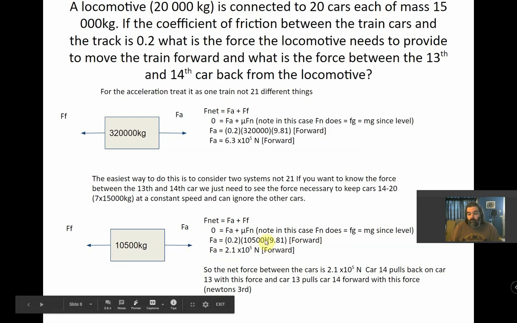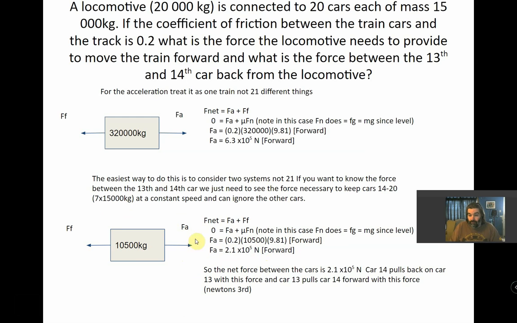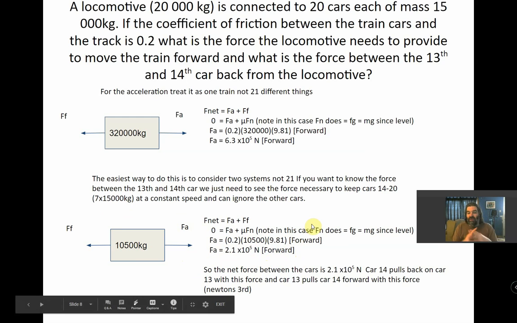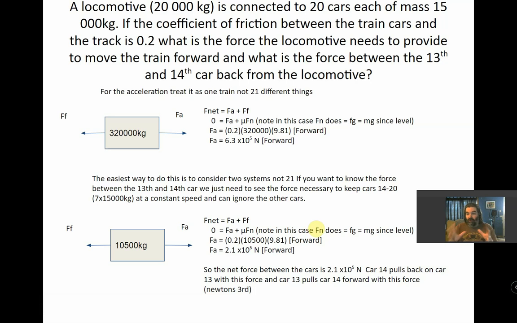The 14th car is pulling back on the 13th car with this much force. So don't overthink systems of forces, okay? If you're trying to find acceleration, look at it as one object, because only forces acting on that object can affect it.